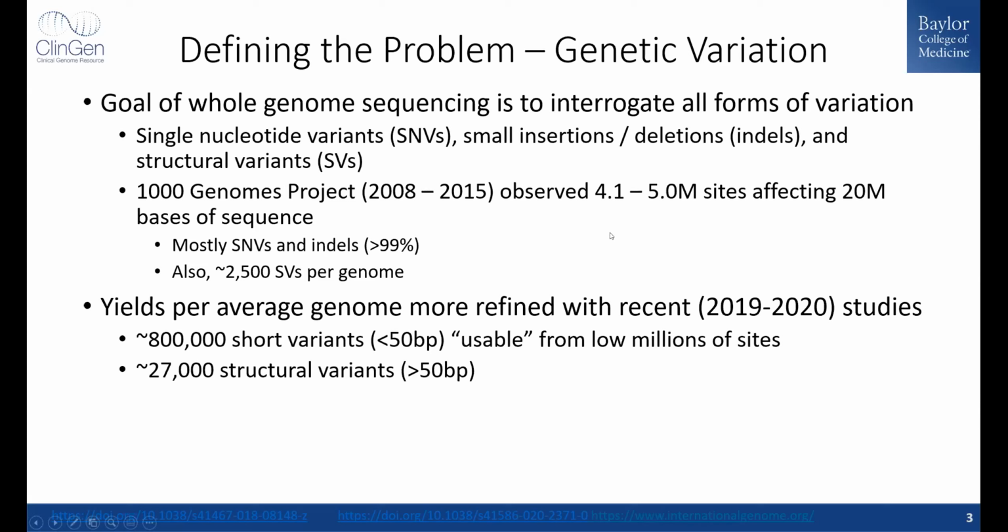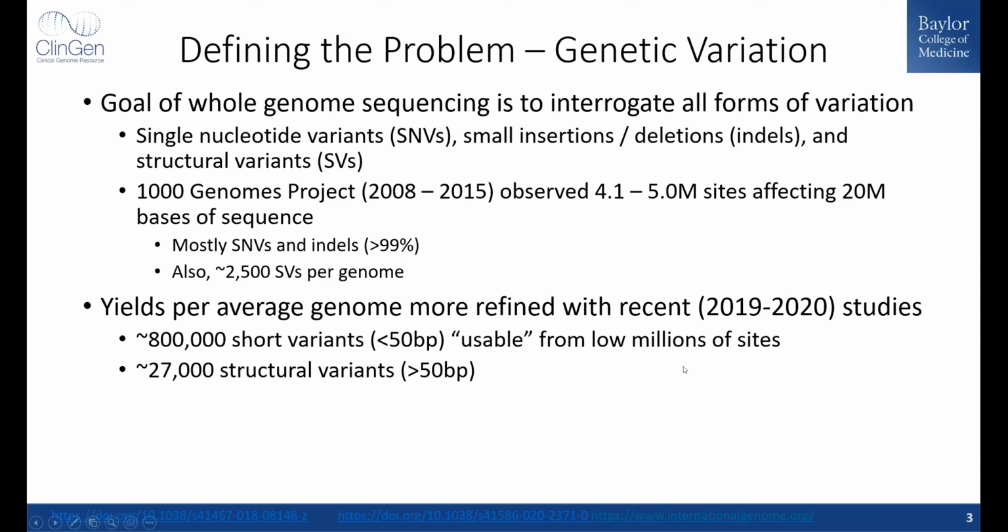And so this started a while ago with the 1000 Genomes Project, observing 4.1 to 5 million sites affecting roughly 20 million bases of sequence. They observed that most of these were SNVs and indels, 99%, but they also found around 2,500 structural variants per genome.